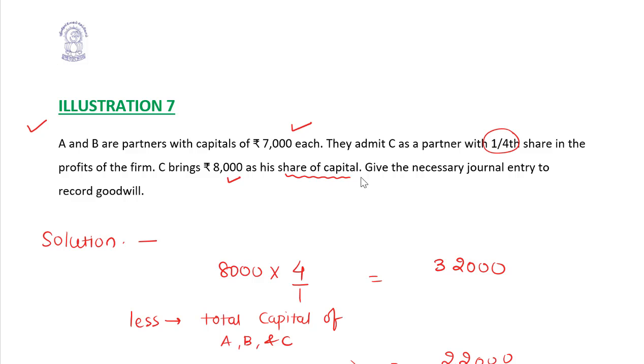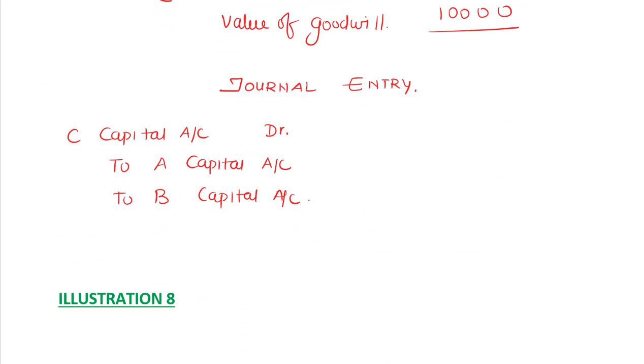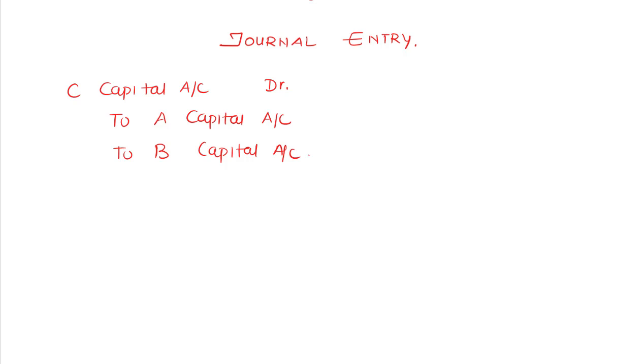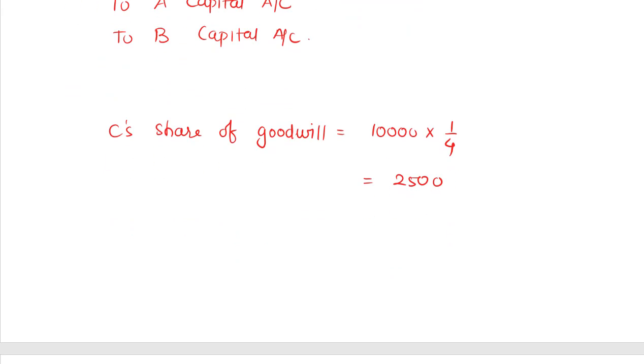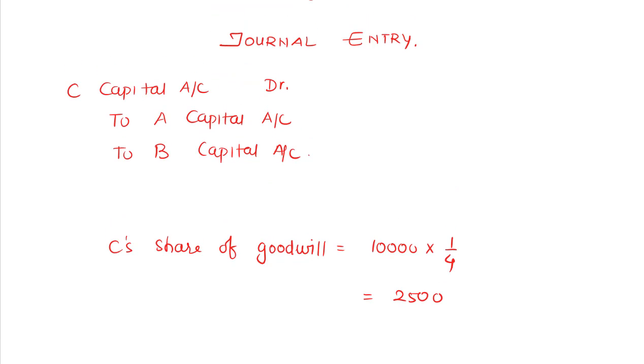Goodwill is 10,000 and C's share is 1/4. C's share of goodwill equals 10,000 multiplied by 1/4, that is 2,500. So C's share gaining is 2,500, which would be distributed equally, 1250 and 1250. I believe you understood.